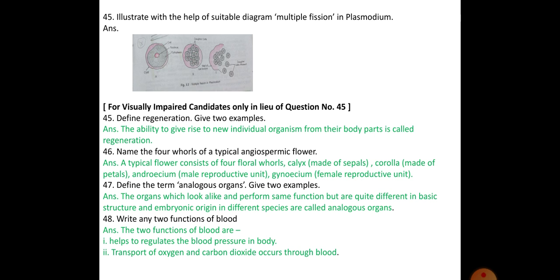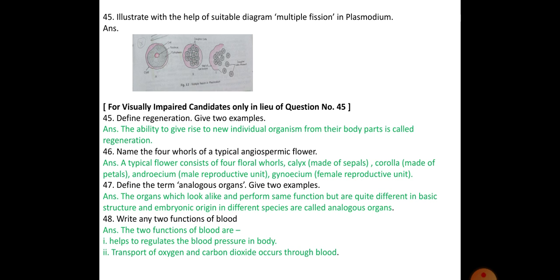Define the term analogous organ. Give two examples. The organs which look alike and perform the same function but are quite different in basic nature and embryonic origin in different species are called analogous organs.